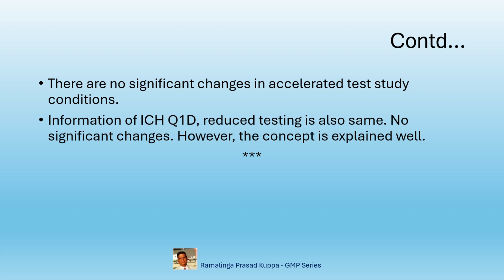As explained, the revised Q1 is very elaborate, in almost 18 sections. Let us understand the content of some more sections of the guideline in the next part of the video program, at the next available opportunity.